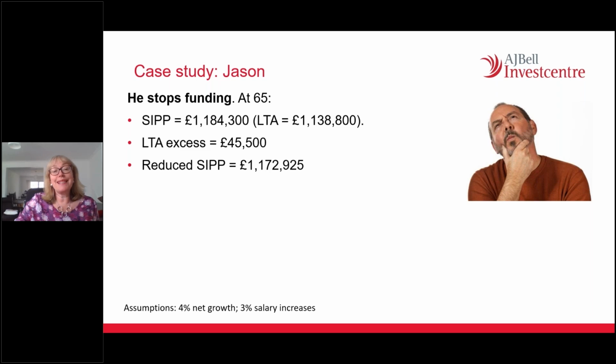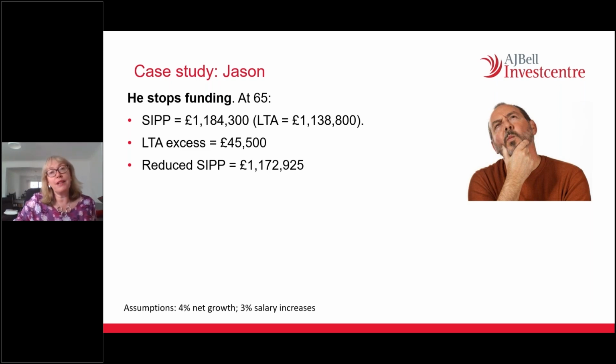If he stops his and his employer contributions and he stops funding, then the current value of the SIPP is going to increase up to £1,184,000 when he gets to age 65. Now, I've assumed 4% net growth for that over the next 7 years.